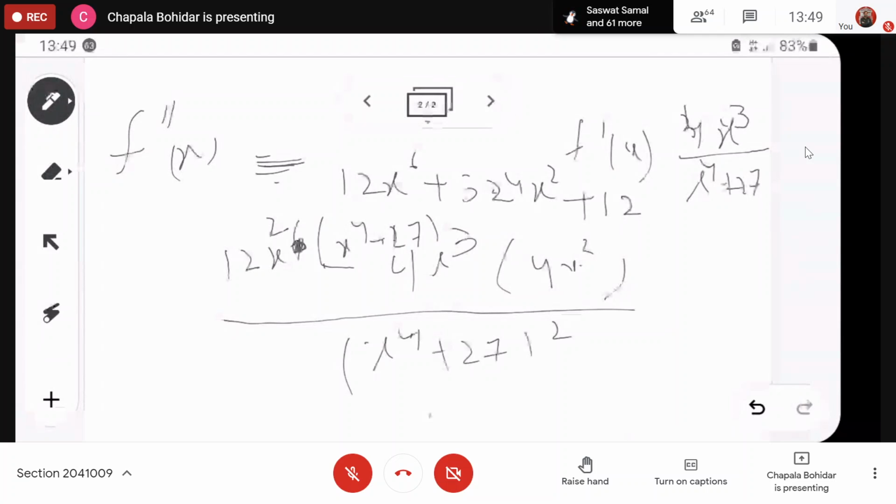What do you say? 4x square into 81 minus x4. I'm going to the next page.